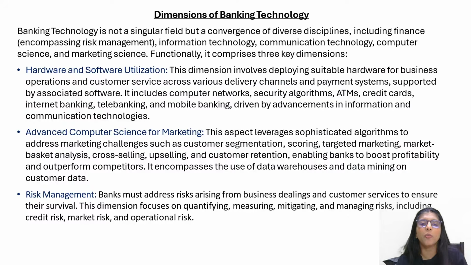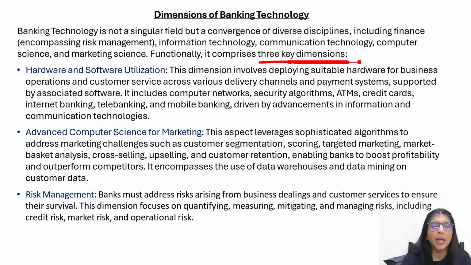Dimensions of banking technology. On the basis of function, it comprises three key dimensions: hardware and software utilization, advanced computer science for marketing, and risk management. These are the three key dimensions.